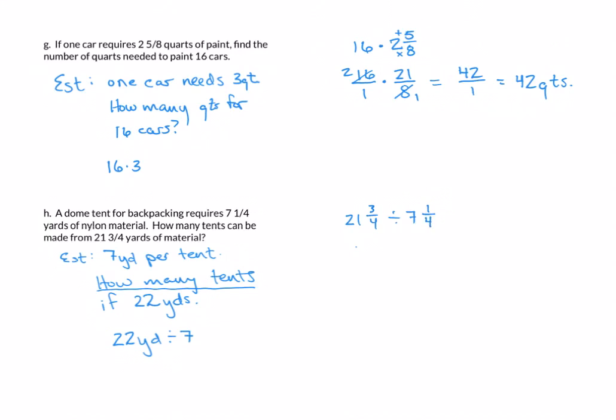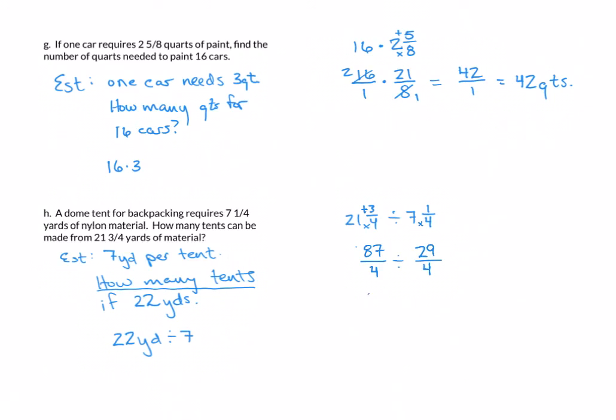We're going to convert to improper fractions. 4 times 21 is 84, plus 3 is 87, over 4, divided by 7 times 4 is 28, plus 1 is 29 over 4.